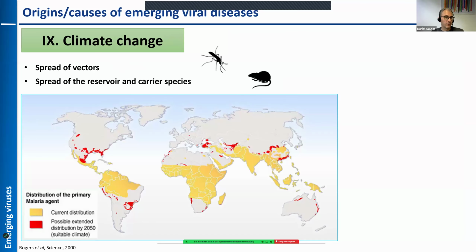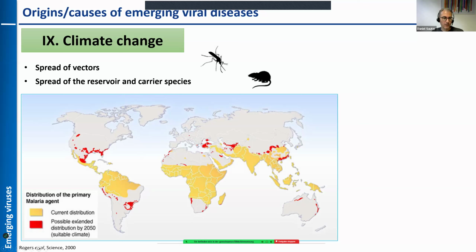And closely linked to this is climate change or global warming, because due to climate change, different vector species or carrier species, reservoir species may also reach geographic areas where they have not occurred before. And this is nicely illustrated by this map. So this map actually shows the current distribution of malaria mosquitoes in yellow, and the expected spread or distribution of this vector species by the year 2050.